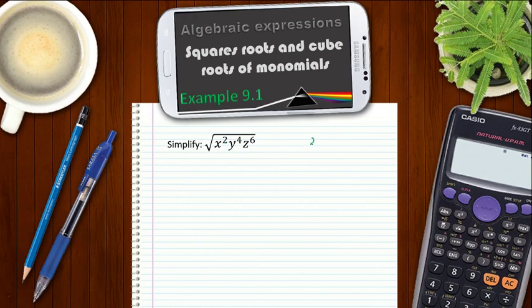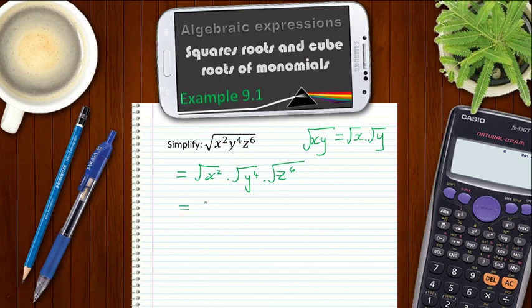So if I have xy, the square root of that is the same as the square root of x times the square root of y. So I can, if I want to, first break these up. But I'm not going to normally do that because I can just simplify this by taking the base out and dividing the exponent by 2.